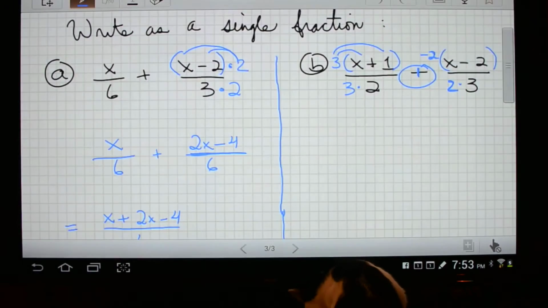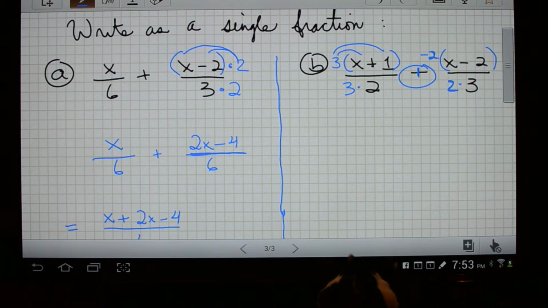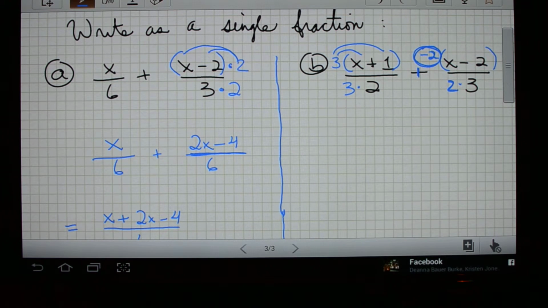I usually also tell students to circle this. It reminds them, or reminds me, to put the whole thing, the negative and the 2, onto that. So there you go. Let's go ahead and do this.